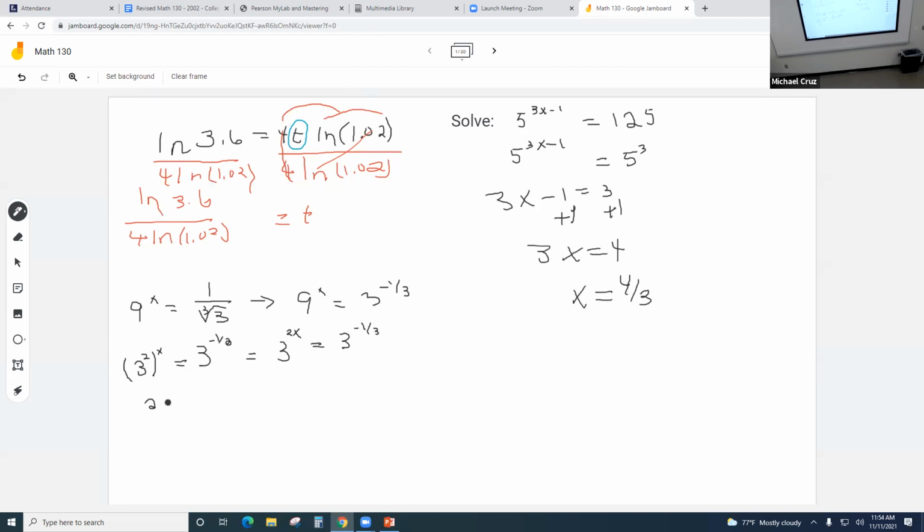So we can solve 2x is equal to negative 1/3. So then divide both sides by 2. And then we take the reciprocal and multiply. So this is negative 1/6.